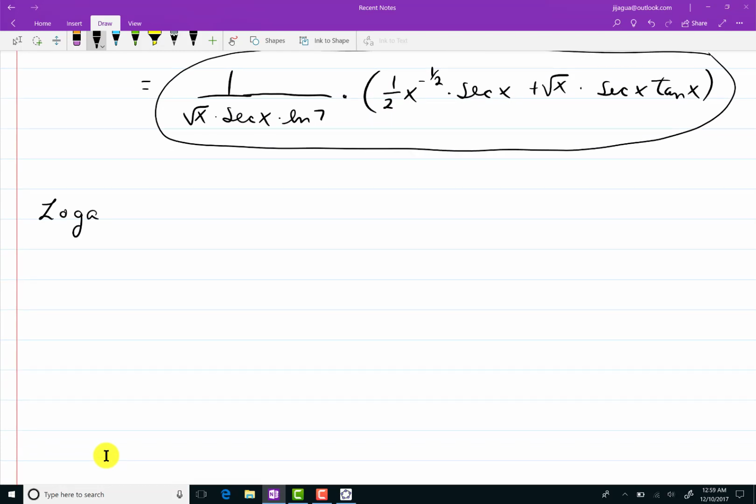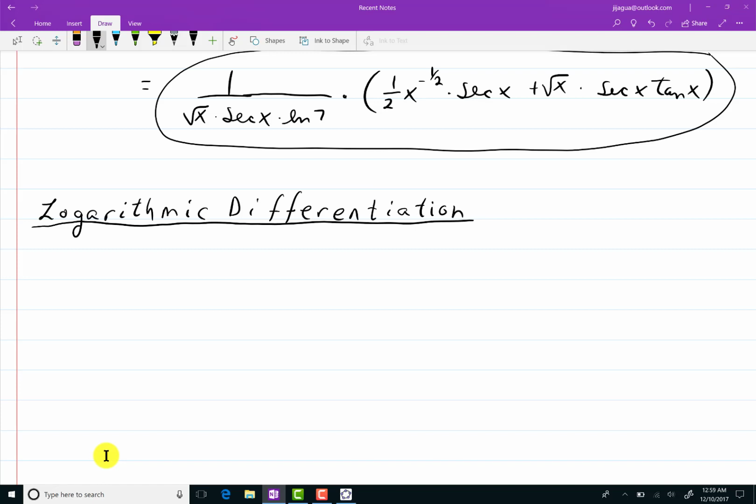I didn't talk about it much before. I sort of made mention of it when I did an earlier example, but I think I didn't quite make myself clear. Logarithmic differentiation. I think I'm going to do that now. Suppose you have a pretty horrible thing to take the derivative of.